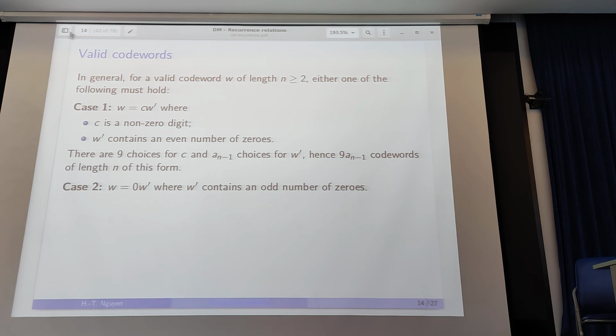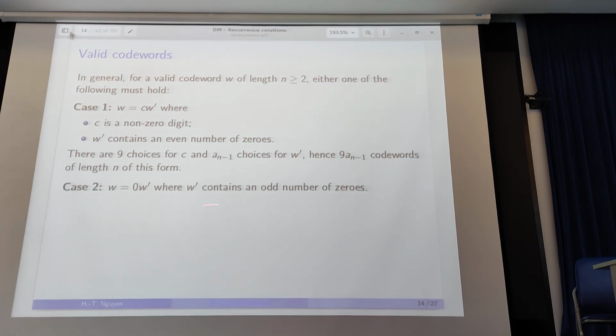So you know that if you count the total number of words of length n-1, we have 10 digits and we have n-1 characters. So that means that we have in total 10 to the power n-1 words of length n-1. And now among these words there are a_{n-1} words which are valid.